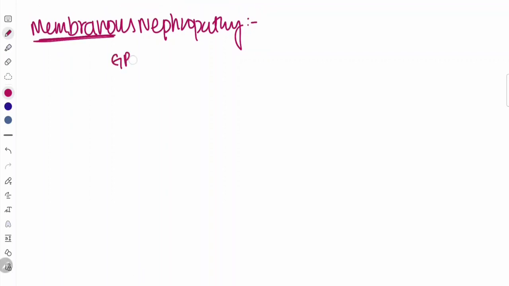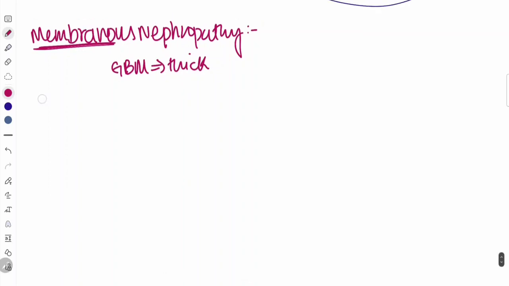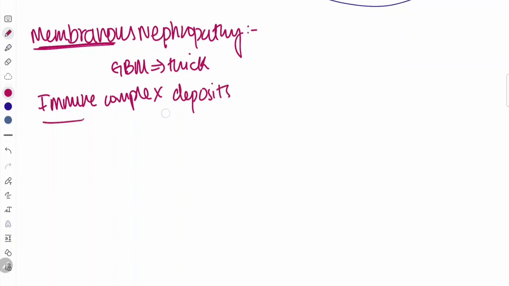So the GBM will become thick. Another thing, for membranous nephropathy, there will be immune complex deposits made.